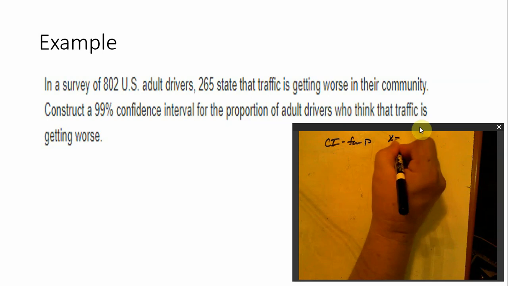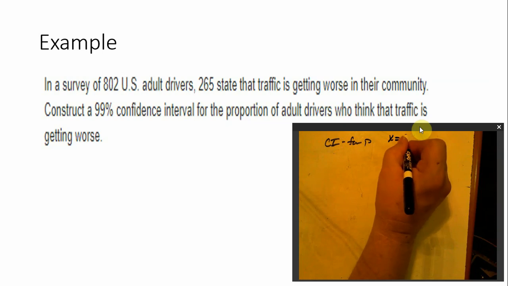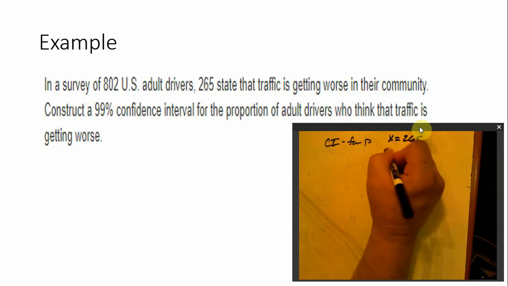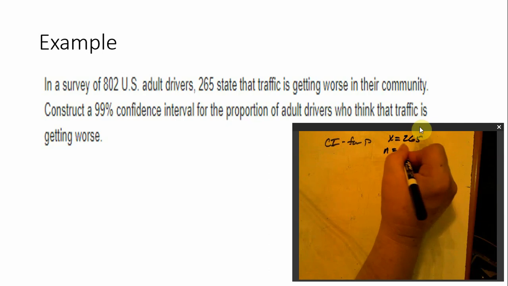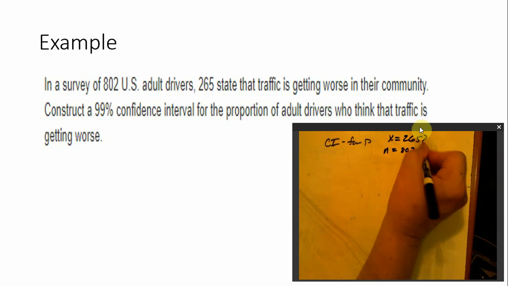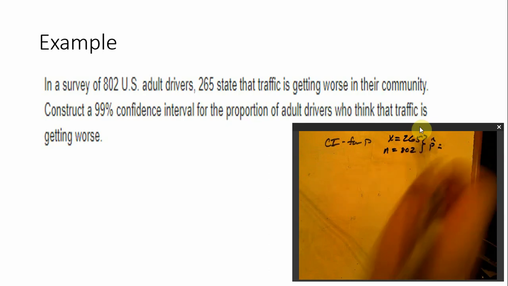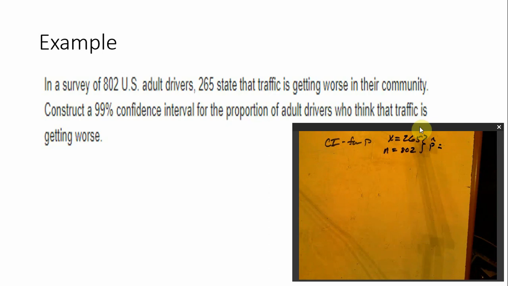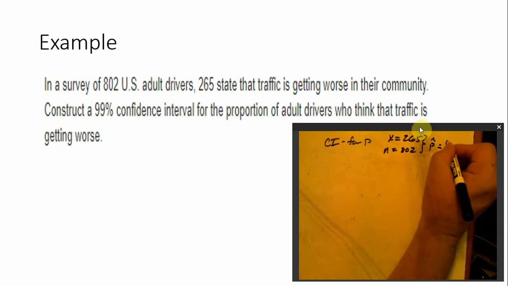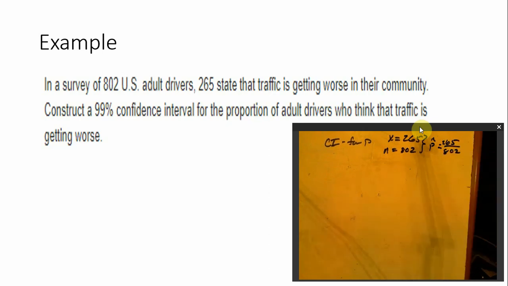I've got x is 265 and n in my survey was 802. So I've got to calculate p hat from those, the sample proportion. So this is just going to be 265 over 802.